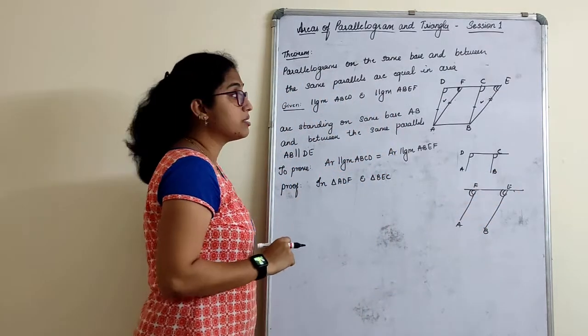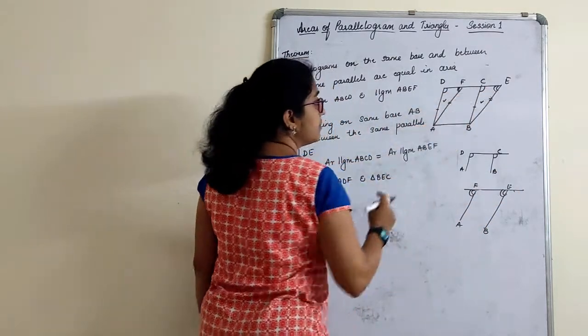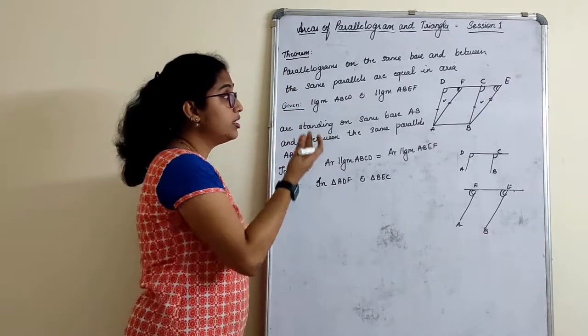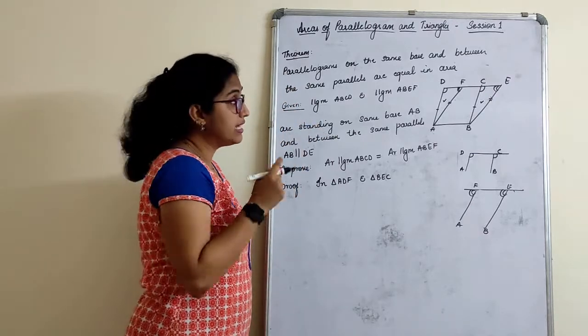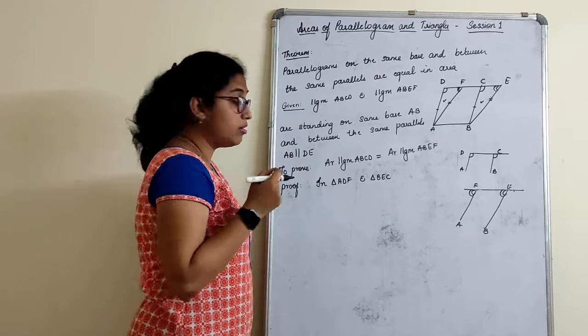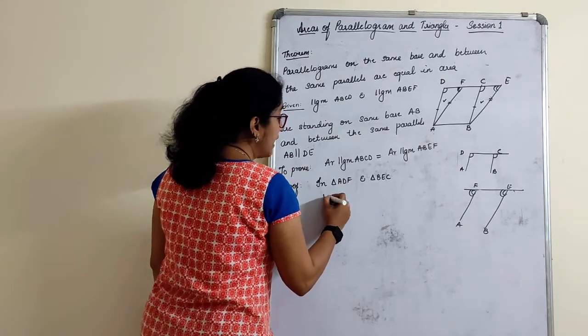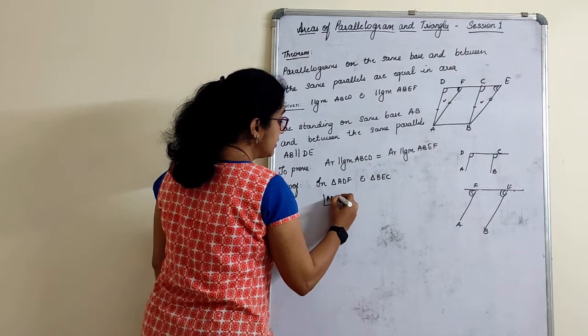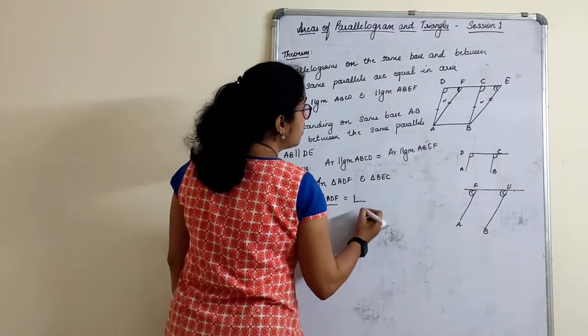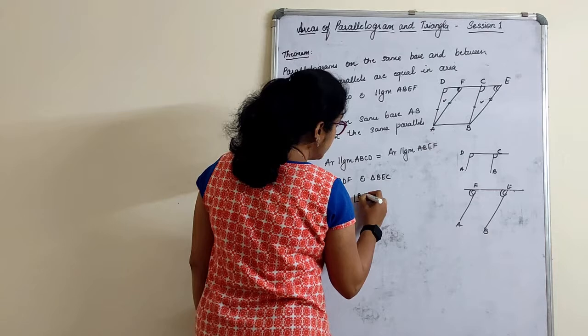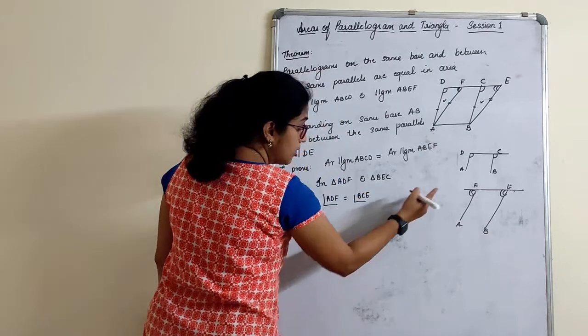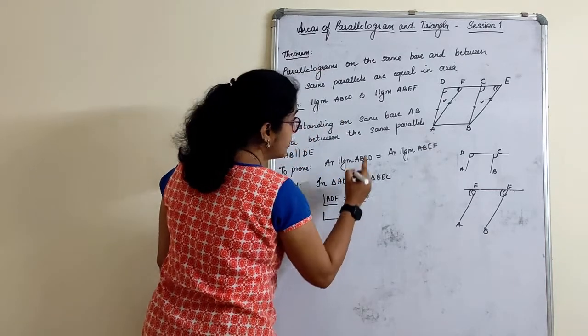What are these? Corresponding angles. A pair of corresponding angles are equal. Two angles and one side. Can I say AAS is the congruence rule? Let me use that. So in these two triangles, angle ADF is equal to angle BCE. You can draw this for your reference.